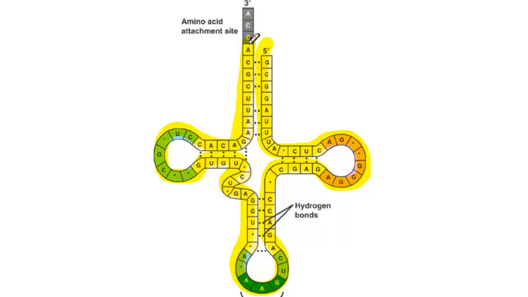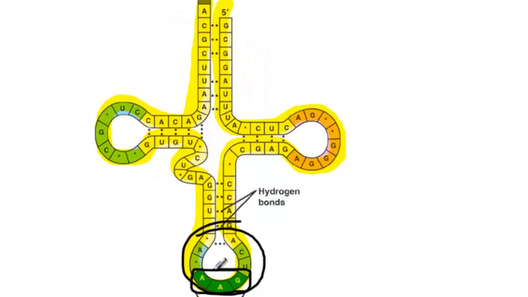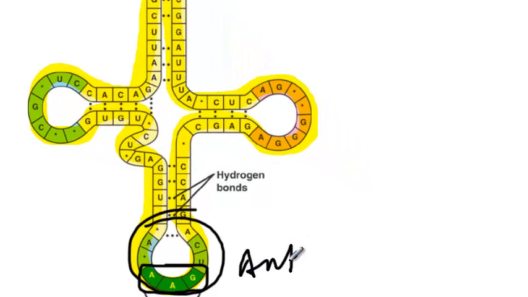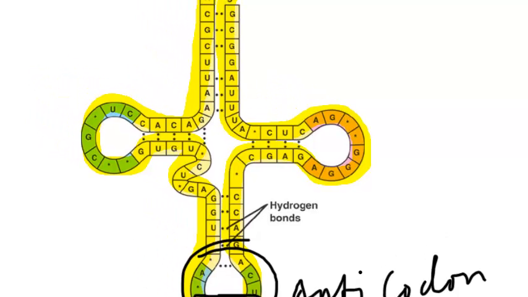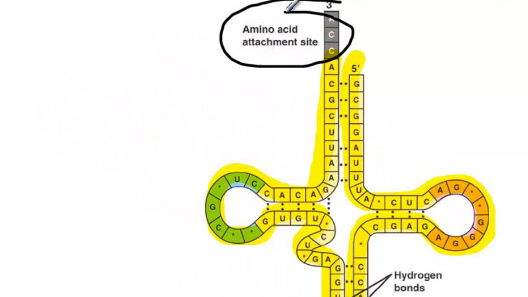At one end of this shape, so down here at the bottom, there's a set of 3 letters. Do you see these down here? That's our anticodon. At the top of the plus sign is where the amino acid actually attaches.